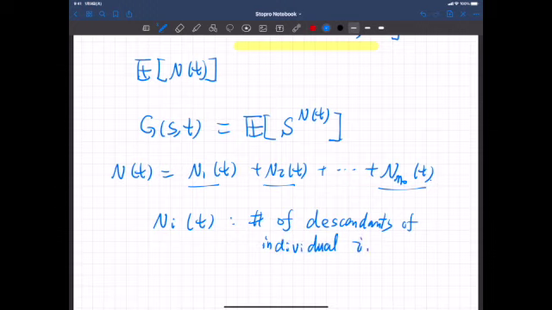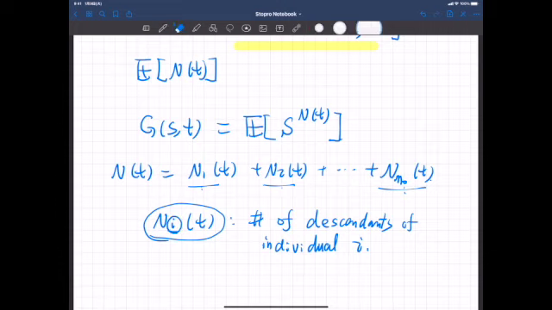Okay, so there are initially n0 individuals in the population. Each of these may produce offsprings, and those offsprings produce yet other offsprings, and so on. So we can construct the genealogy of each individual, and this ni represents the number of all descendants originated from the ith individual in the initial population.